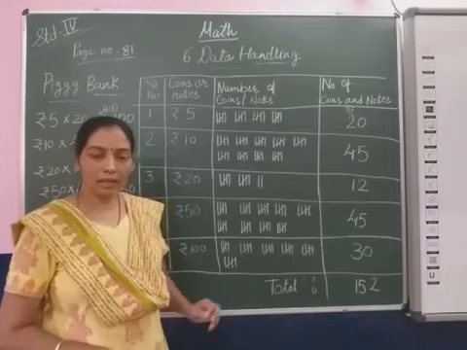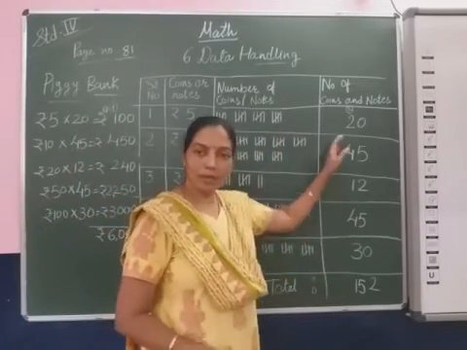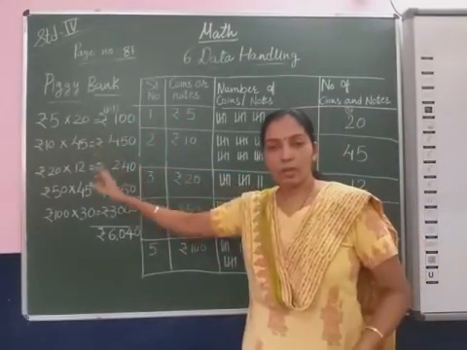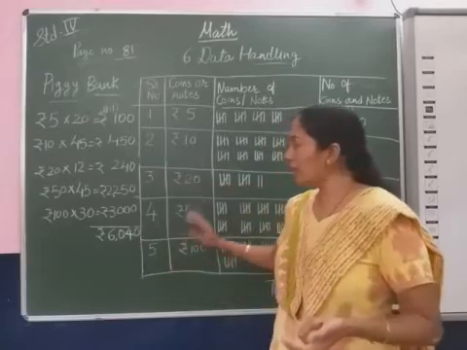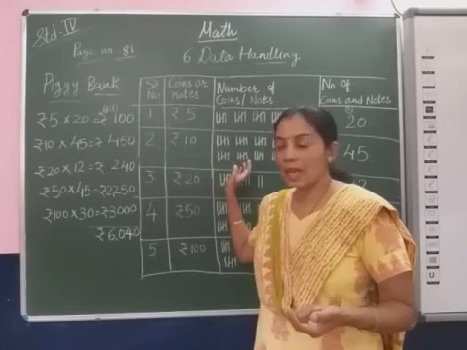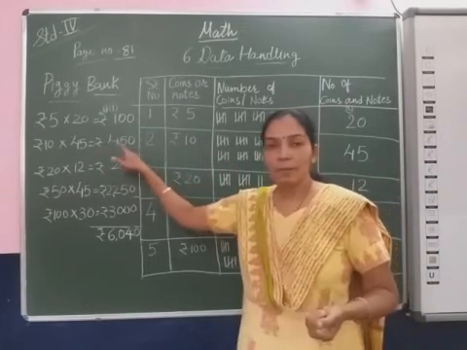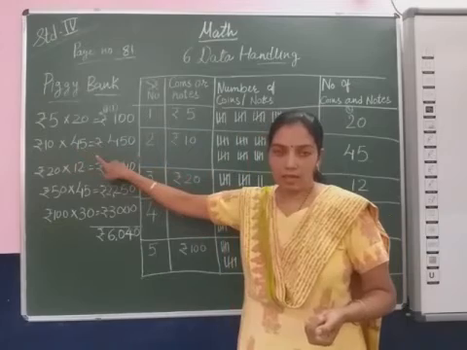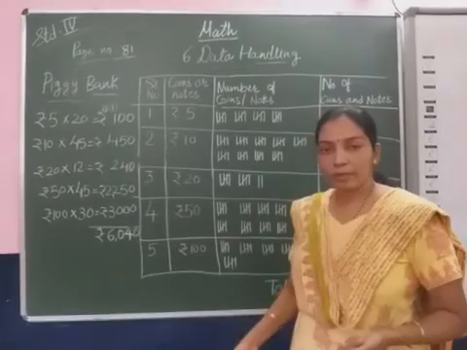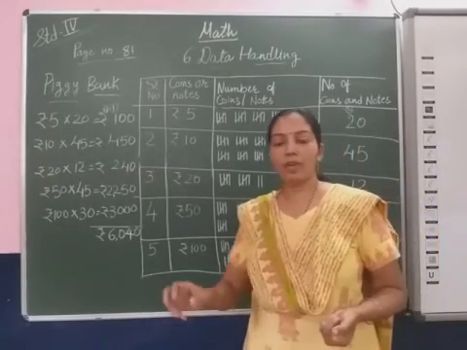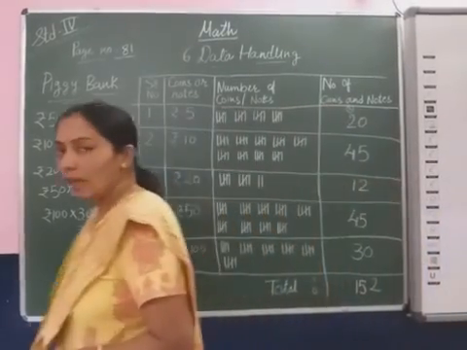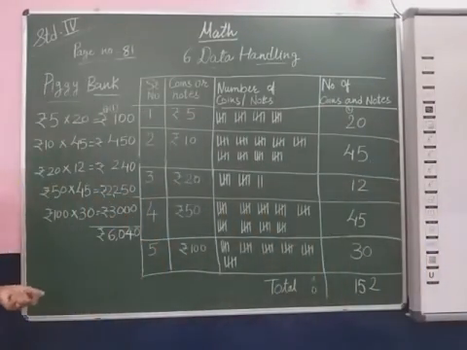If it asks for the number of notes, then we will write that, and if it asks for the total amount he saved, or for 10 rupees how much he saved, you can see here rupees 10 and number of notes 45. So he saved rupees 450 in his piggy bank for the coins or notes of 10. So this way you solve this question and understand better.